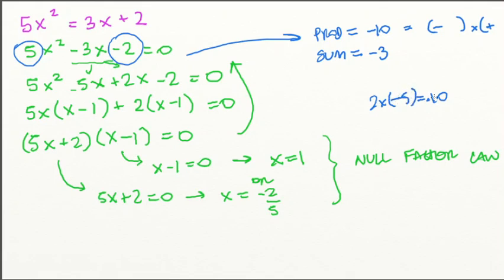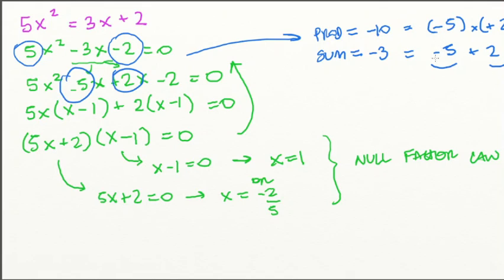So when we do 2 times -5, it's -10. And when we do 2 plus -5, that's -3. So -5 and 2, -5 plus 2. And then you would use exactly those numbers when splitting the middle term, -5 here and +2 here. And then you can move forward with your problem.